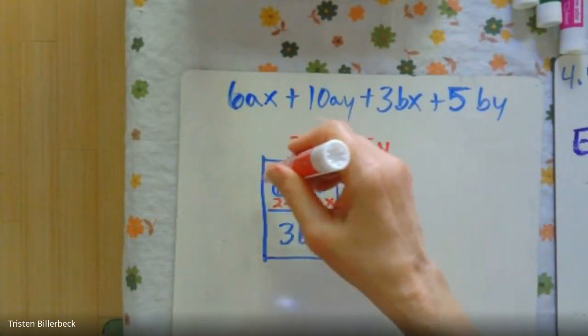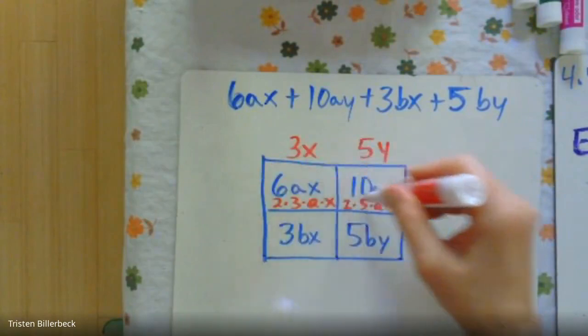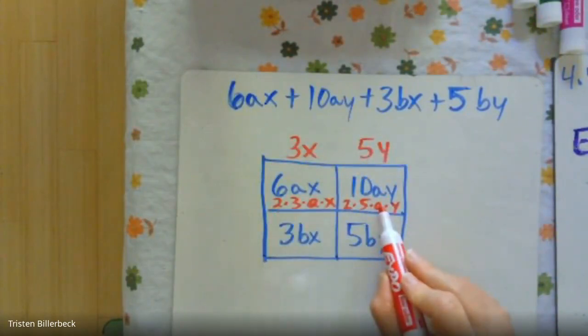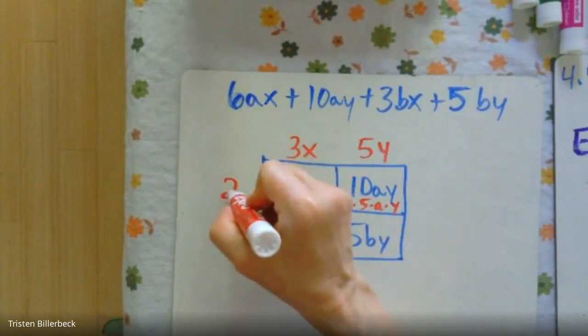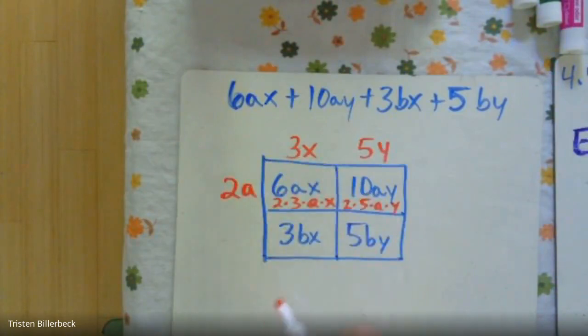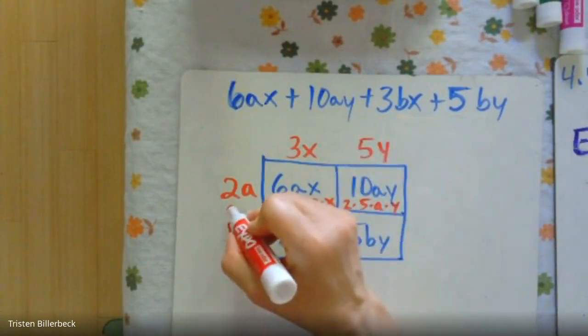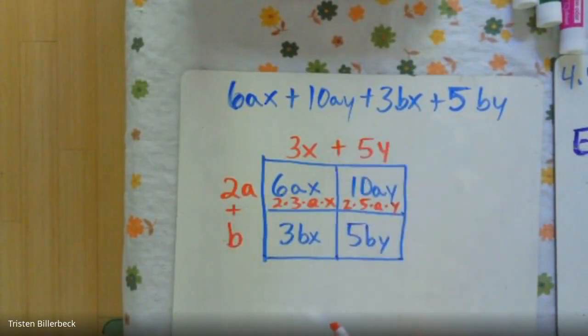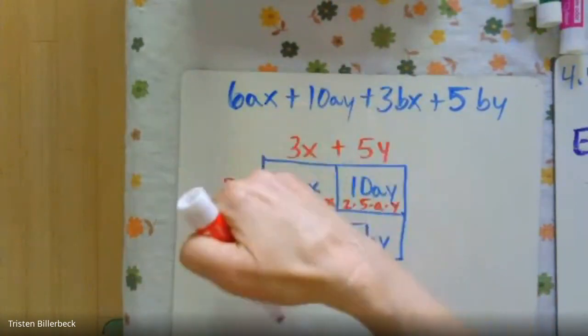Then we look at what these two have in common. They have a 2 and an a, so we're going to write 2a. And then what do these two have in common? They have a b. So when we put that together, we can add these two as a length and add these two as a width, or a base times a height.